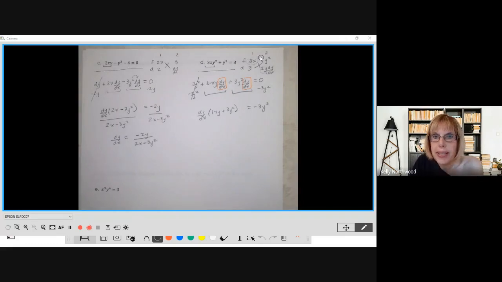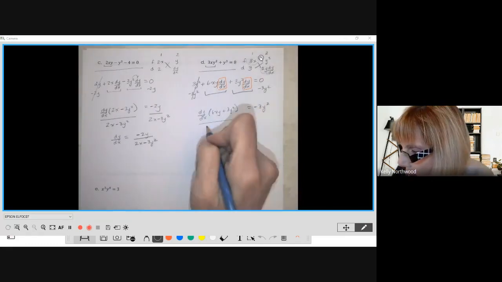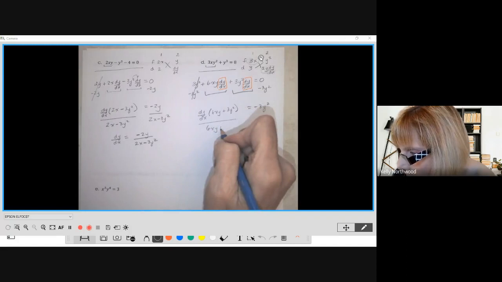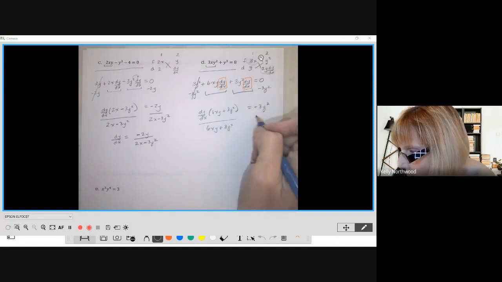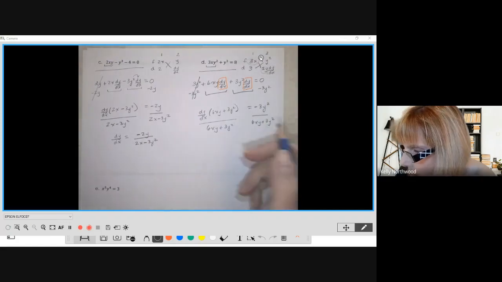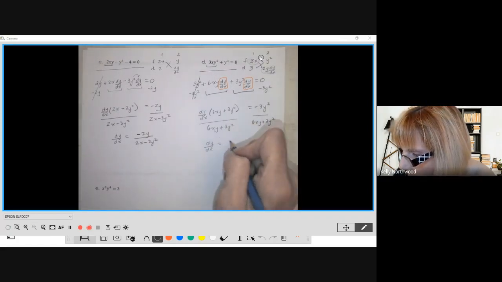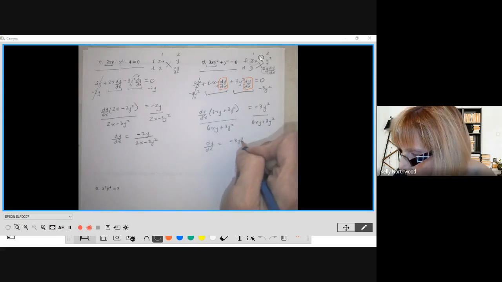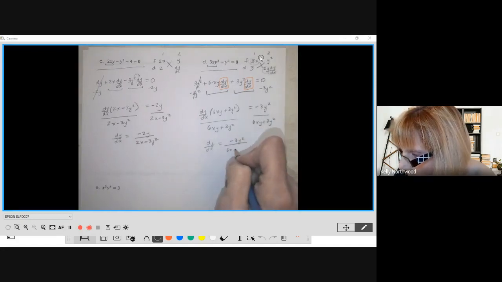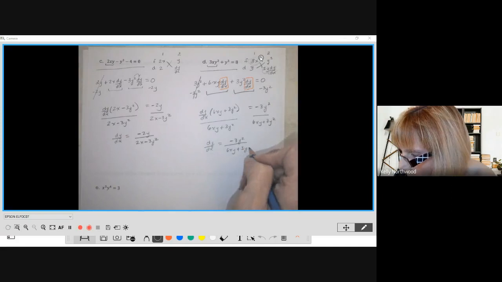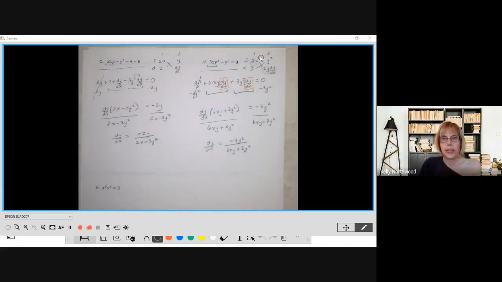Divide both sides by 6xy plus 3y squared. And there's our derivative.